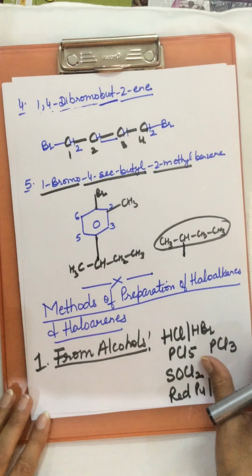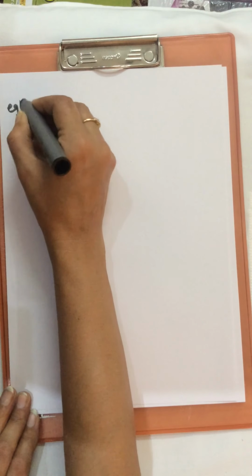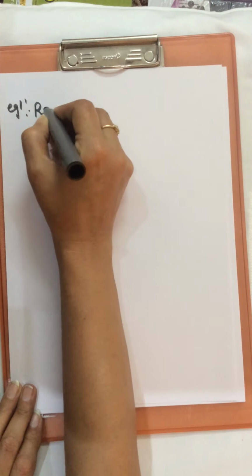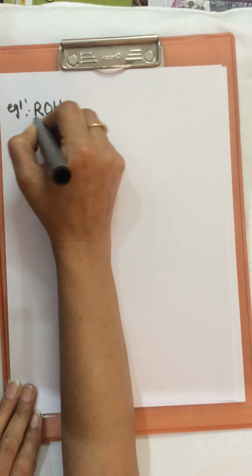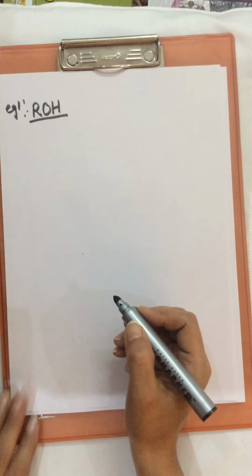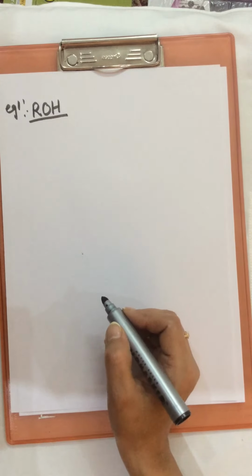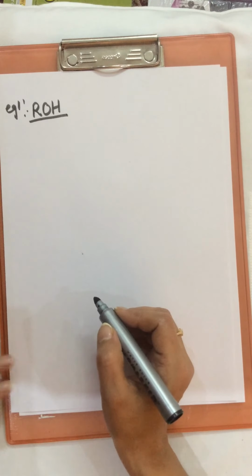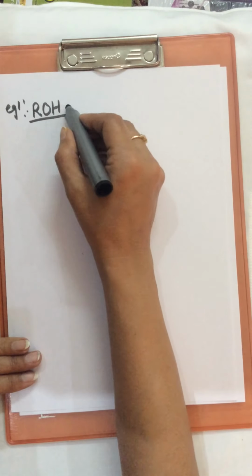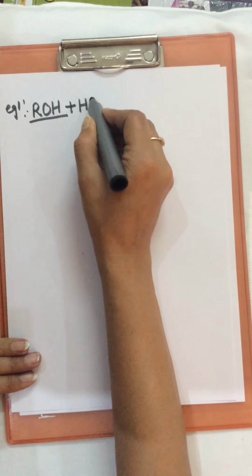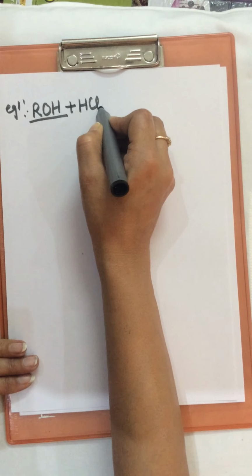So taking all these now one by one. First is reacting alcohol. Alcohol in journal is written as ROH. Like haloalkanes in journal are written as RX. Alcohols are written as ROH. Reacting alcohols with HCl or HBr.